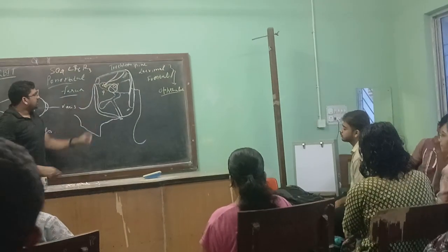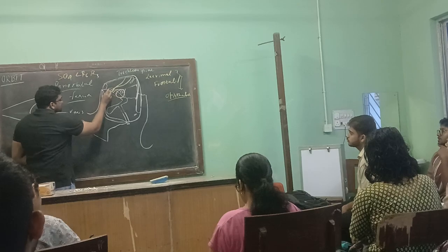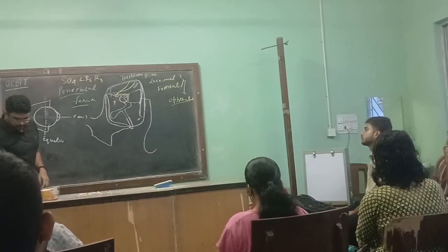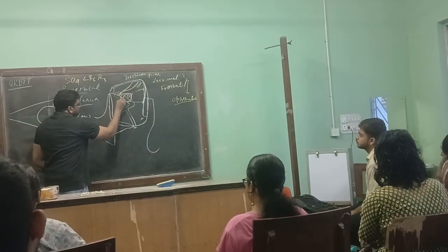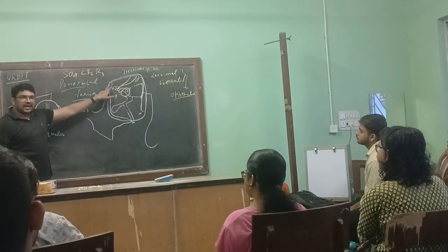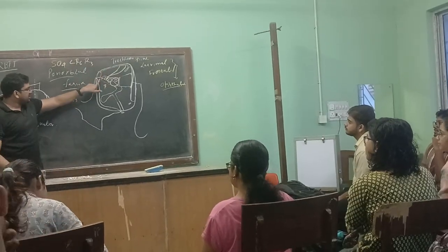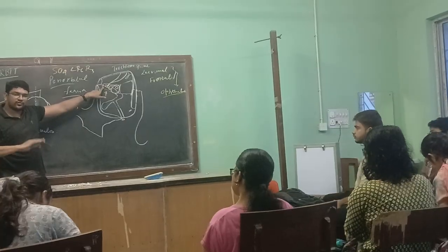Getting it? And then what are the vessels over here? There is a vessel over here and there is one more vessel over here. What's that? Come on, somebody. Because it is close to the lacrimal gland, what might be the artery over here? Lacrimal artery, but there is a recurrent meningeal branch of the lacrimal artery. Lacrimal artery can be a branch of?